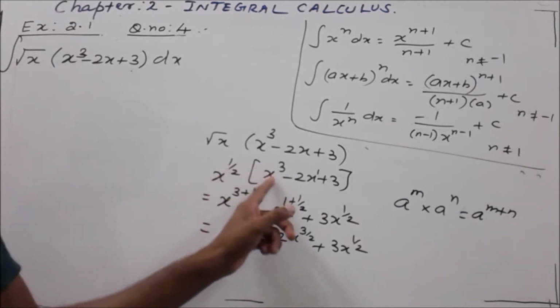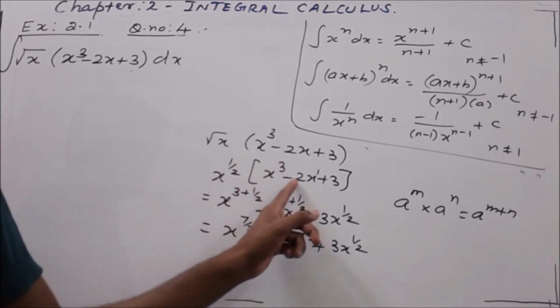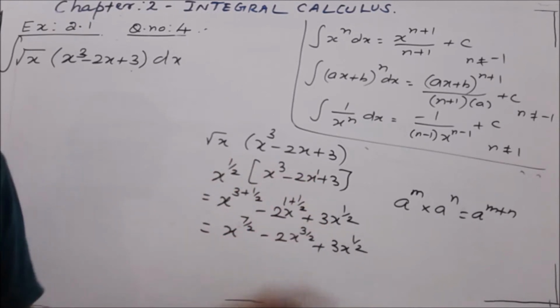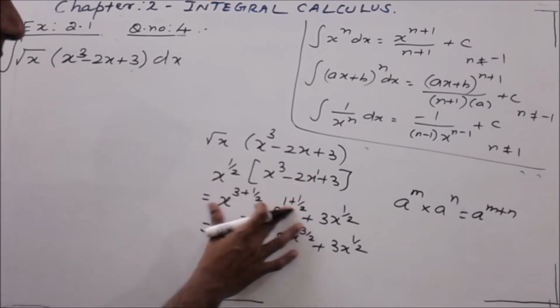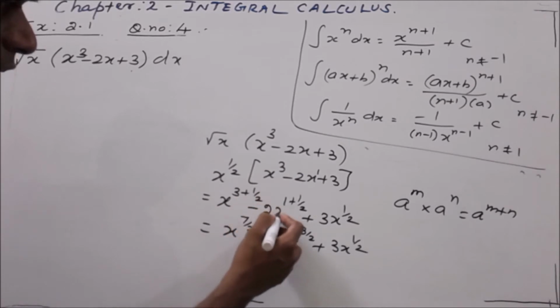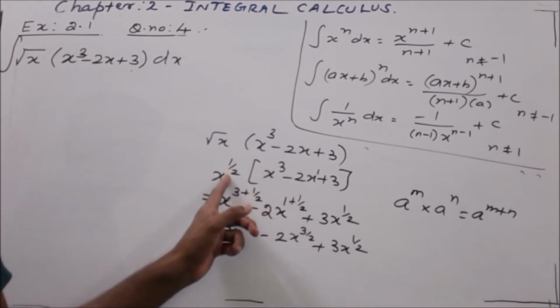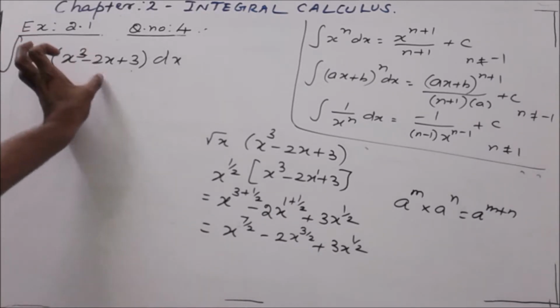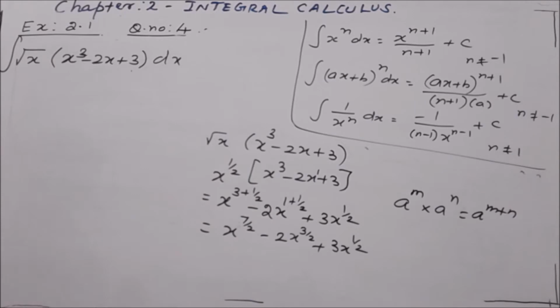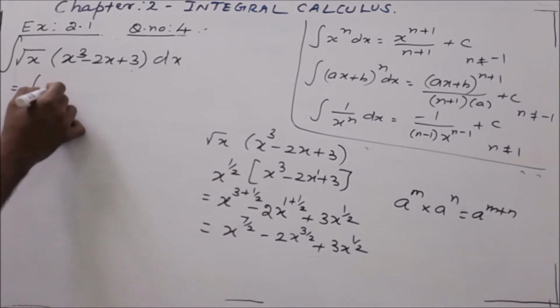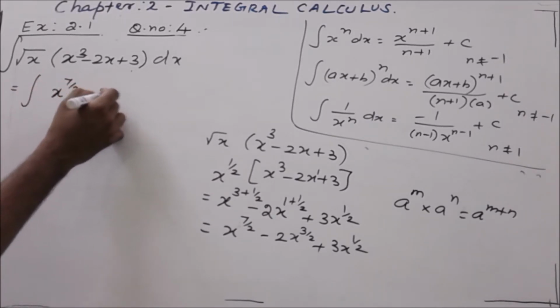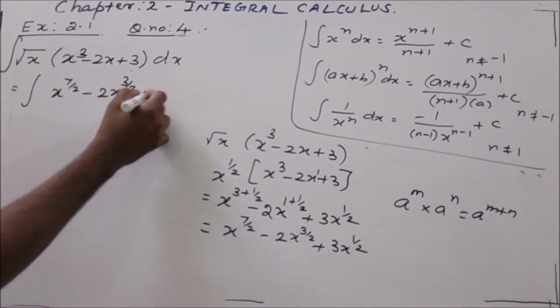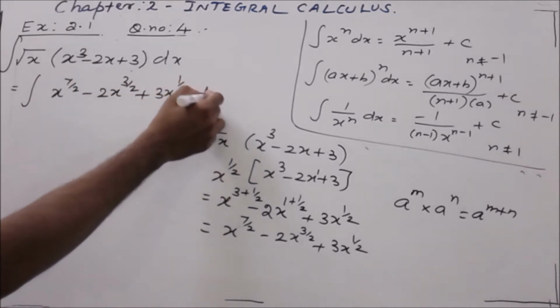Here the bases are equal, so while multiplying, the powers are added. Simplifying the powers, we have x^(7/2) - 2x^(3/2) + 3x^(1/2). Now replace the product by this expression because both are equal. That is equal to the integral of (x^(7/2) - 2x^(3/2) + 3x^(1/2)) dx.